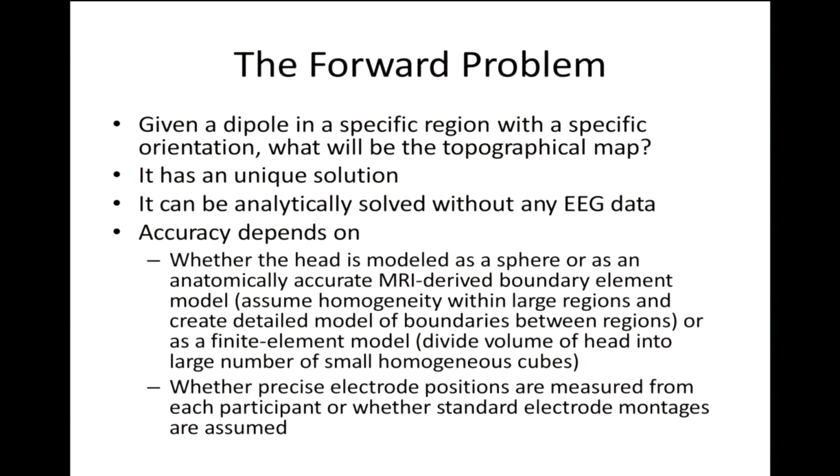The accuracy of this estimation depends on several things, such as how you want to model your head. Mathematically the simplest is assuming the head as a sphere, because then you get very clear analytical solutions.